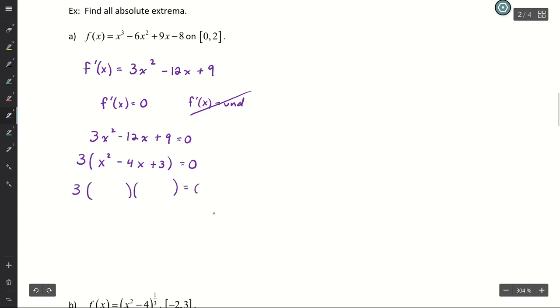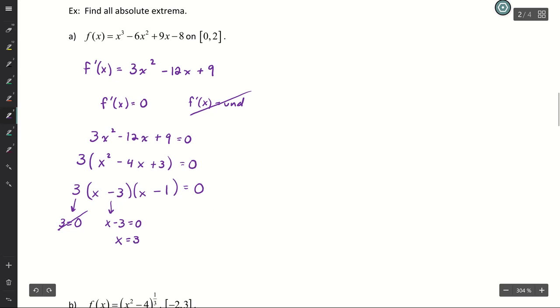If not, you can always use the quadratic formula. Looks like here I can use a -3 and a -1. That would multiply to the +3 at the end, but add to the -4 in the middle. And then we set each of these factors equal to 0. We notice over here that because that does not have an x with it, it doesn't make sense to set that equal to 0. Here, setting this equal to 0, we're going to get x is equal to 3.